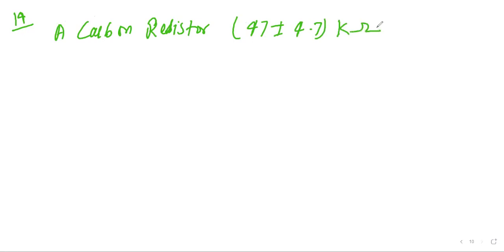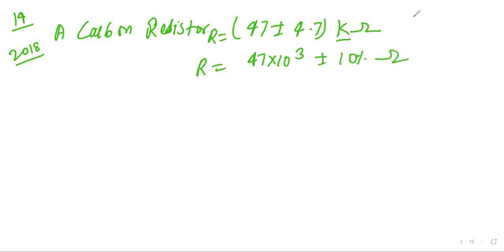It is to be marked with rings of different colors for its identification. It was asked in 2018. So let's see the explanation. This is your R value given. So it can be written like this: it is nothing but 47 into 10 raised to 3. Already given, kilo means 10 raised to 3, right? Plus or minus 10% ohm.